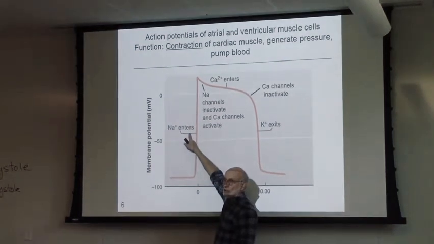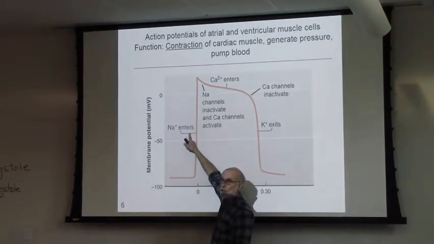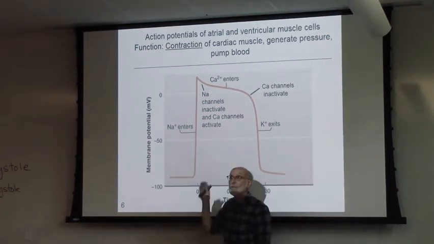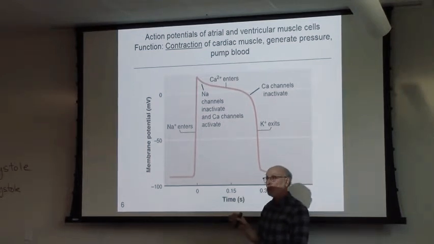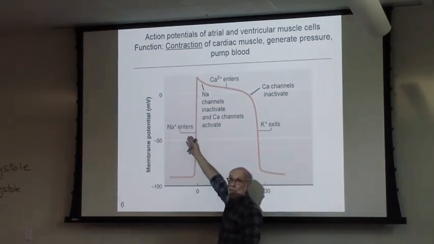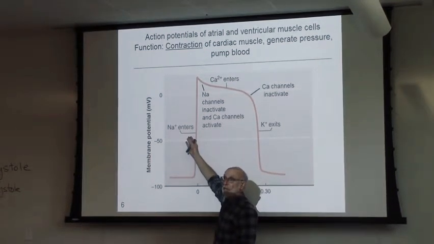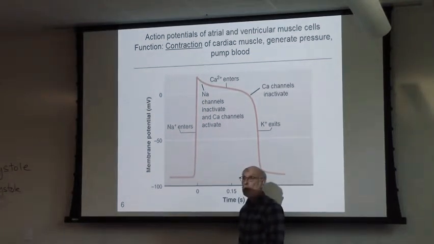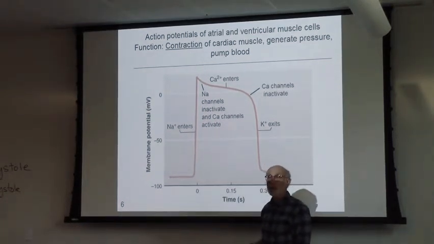Voltage-gated sodium channels, just like the ones in nerve. So now we see the upstroke in atrial muscle is due to voltage-gated sodium channels, just like the ones you studied in nerve. So the upstroke is the same phenomenon as the upstroke in nerve.